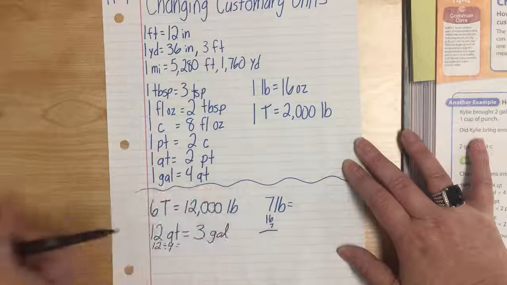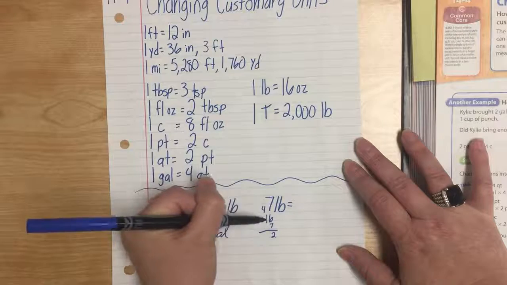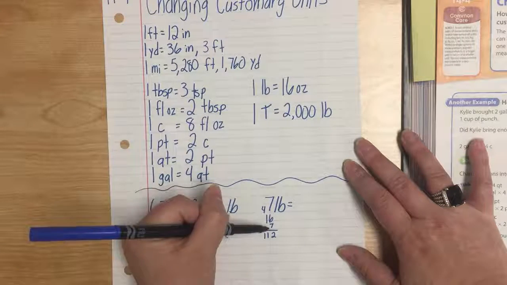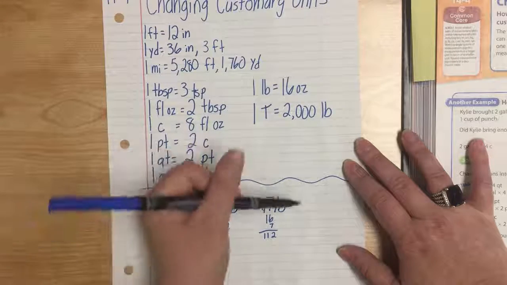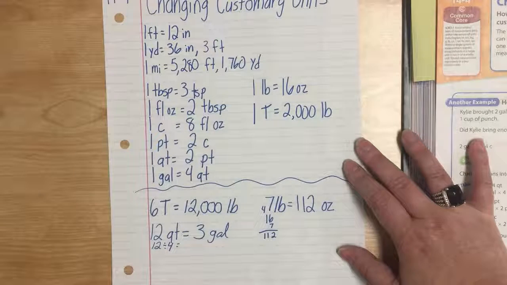What's 6 times 7? 42. What's 7 times 1, plus 4? 11. So 7 pounds is 112 ounces.